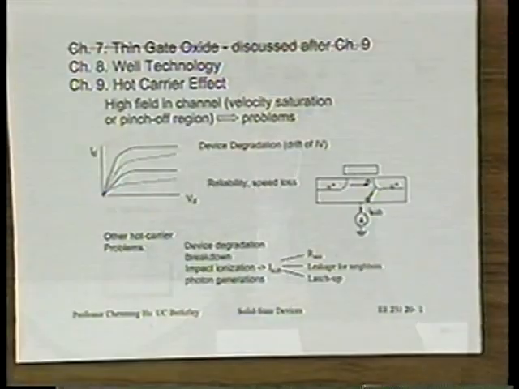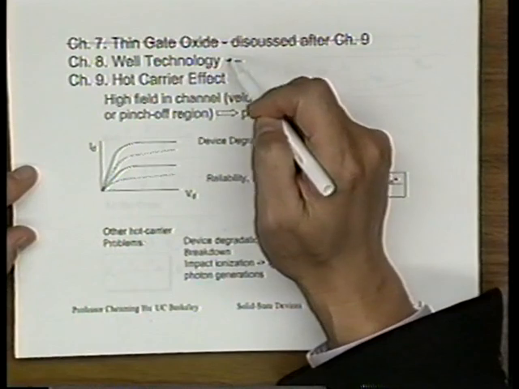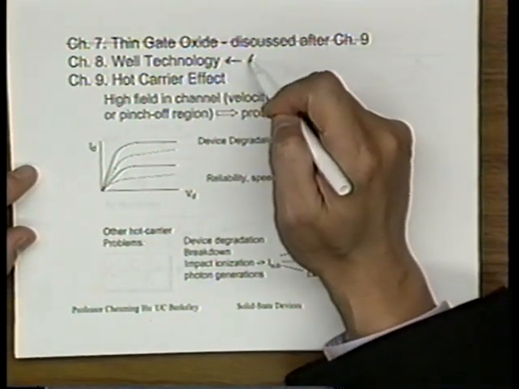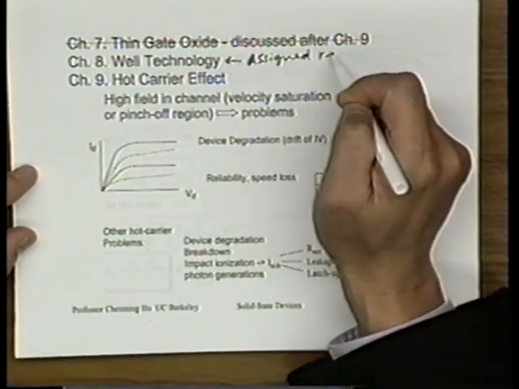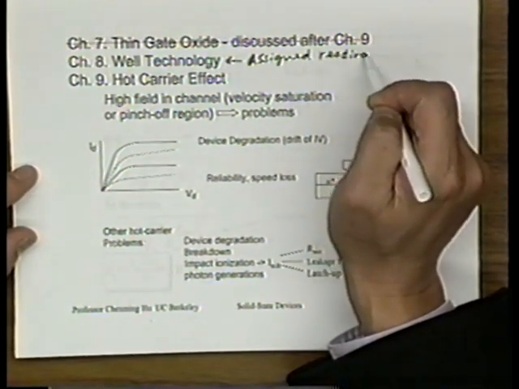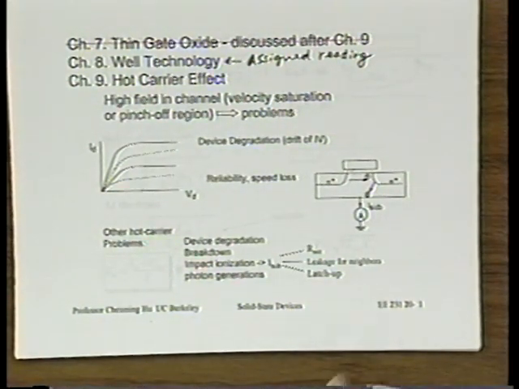Next, I want to remind you that if you look at the course syllabus, you should be reading well technology. So this will be the assigned reading. Now, if you are looking at the reader, the slides, you may notice that I have jumped quite a few lectures. I'm looking at the slides of lecture 20.